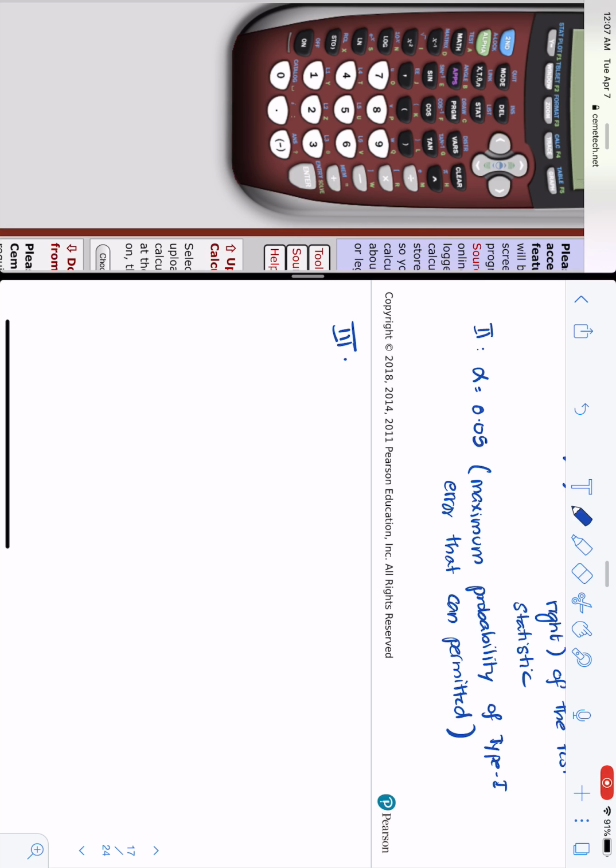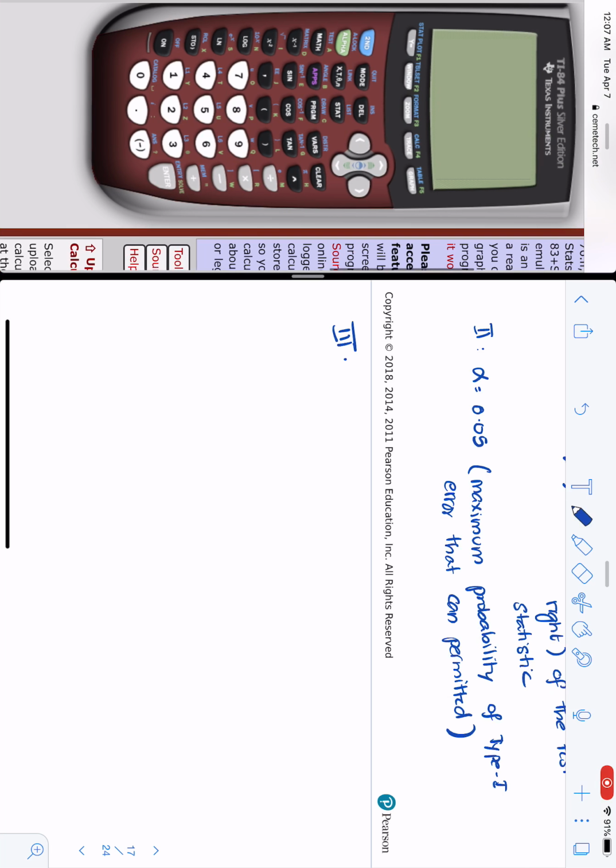Of course, one can go and use the formula, which is Z naught equals P hat minus P naught divided by square root of P naught times 1 minus P naught divided by N. We can circumvent this and use the calculator instead.